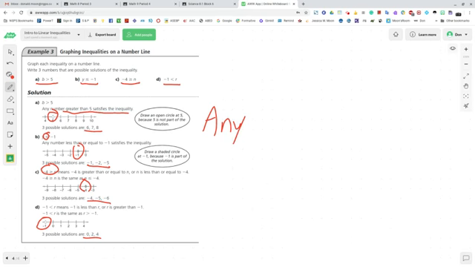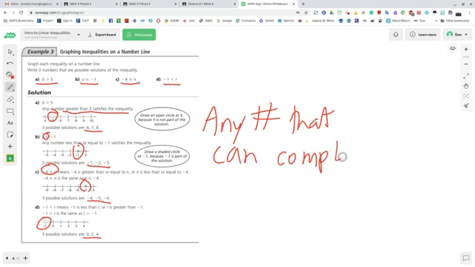Remember, it's any number that can complete the solution. Okay, so any number. So there are 3 possible solutions for this. We could have picked 2 and 3 on this one. We could have picked 2.5.